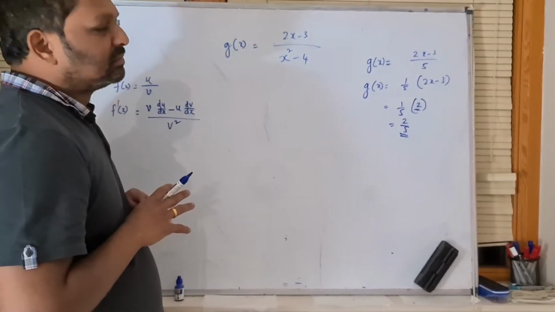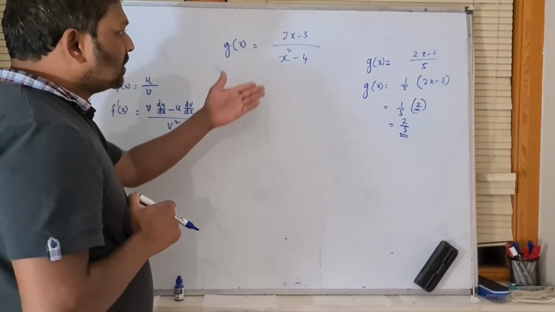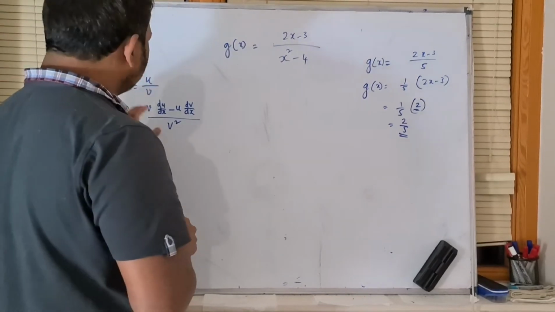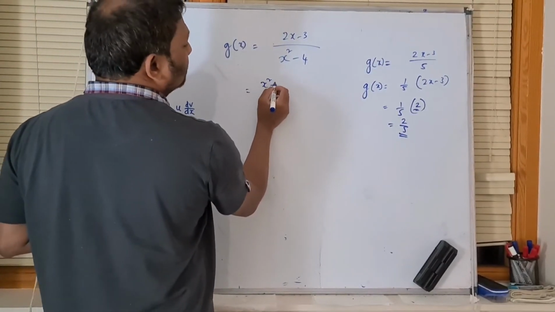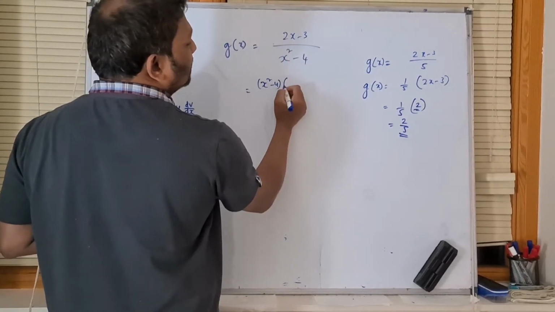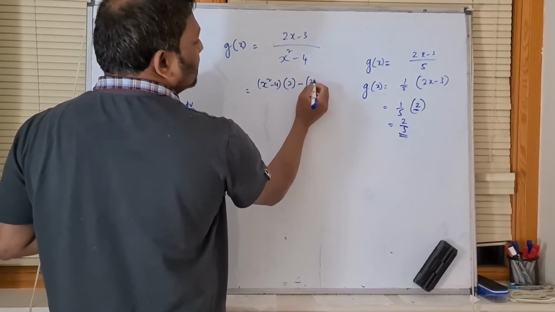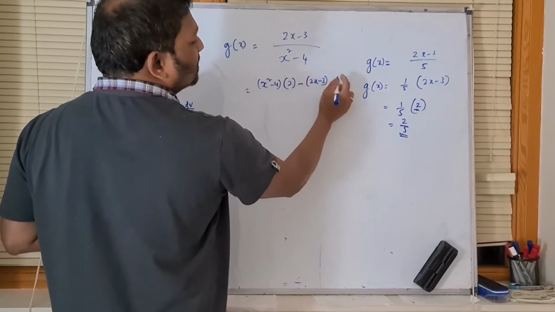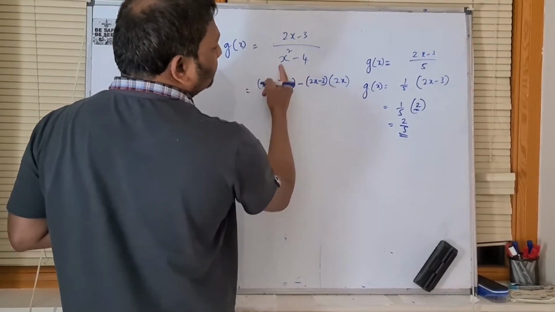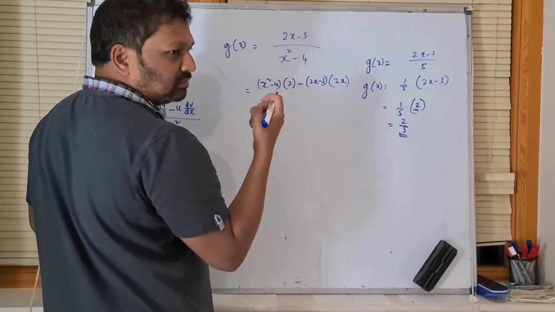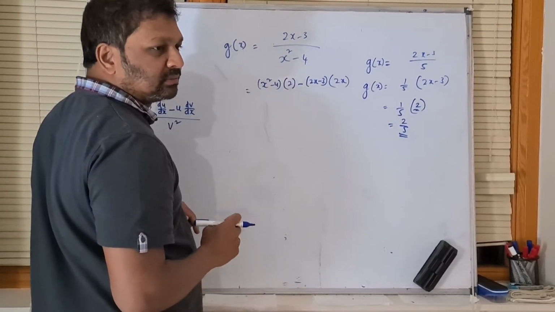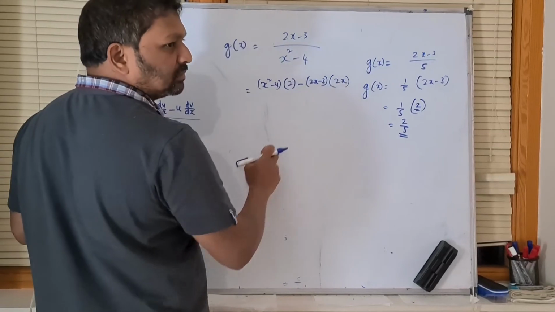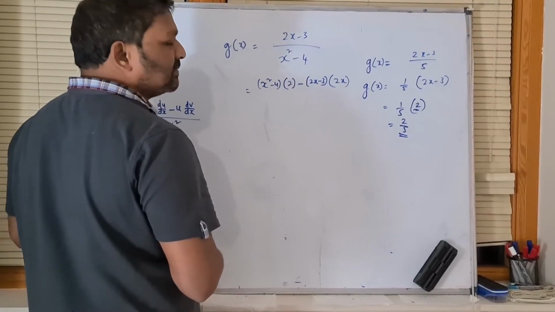But how do you do this one? This one you have to do properly using this formula. What is v? X squared minus 4. Differentiation of this one is 2x, differentiation of 2x minus 3 is 2. What is v?